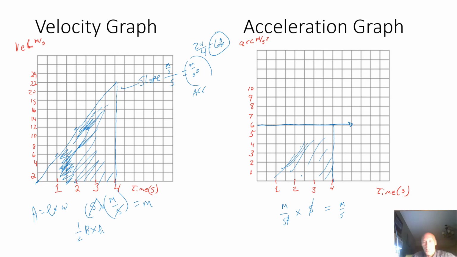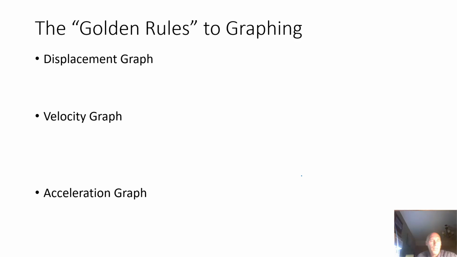Okay. So we're going to end with those golden rules, putting it all together. So the displacement graph. The golden rule is the slope of a displacement graph is equal to the speed or velocity of the object. Okay? When you have a velocity graph, the slope of that graph equals the acceleration.